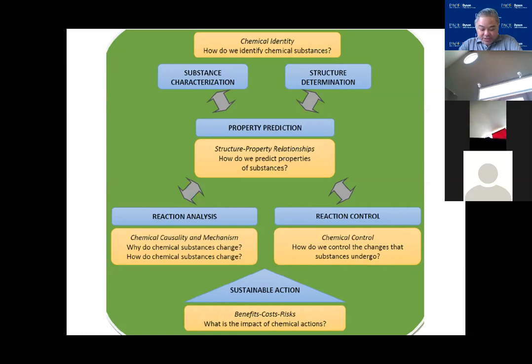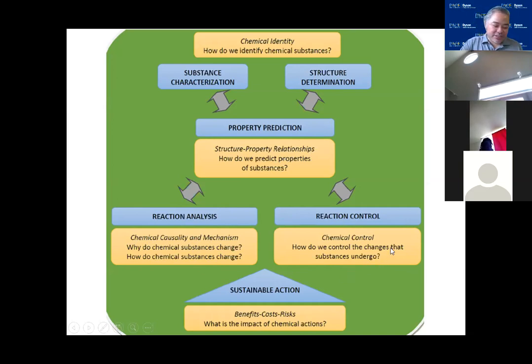Yeah. And then from that, they're going to analyze the reaction. Okay, chemical causality and mechanism. So why do chemical substances change, and how do chemical substances change? Or they can put a control on them. How do we control the changes the substance undergoes? So what does control mean?